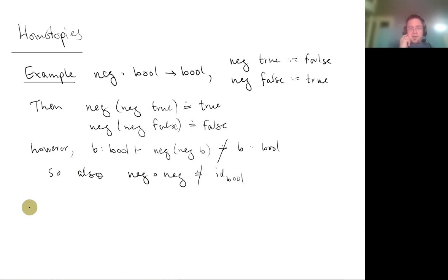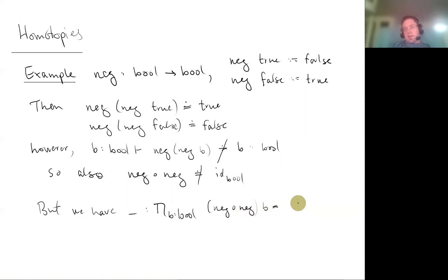However, by induction on the Booleans, we do have an element of the pi type, for every b in Bool, of neg compose neg b equal to b in the identity type. So we have this by Bool induction.